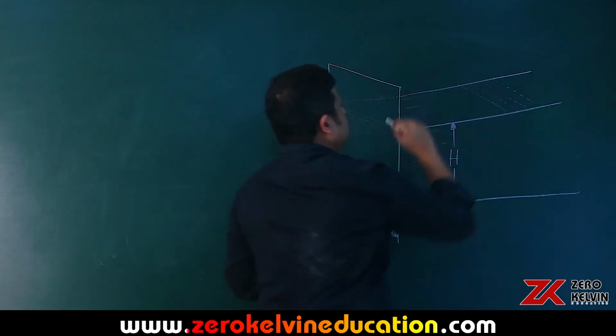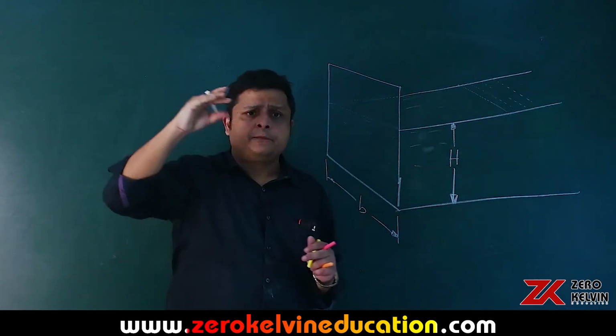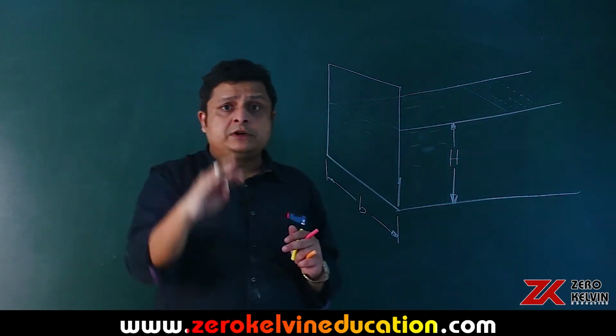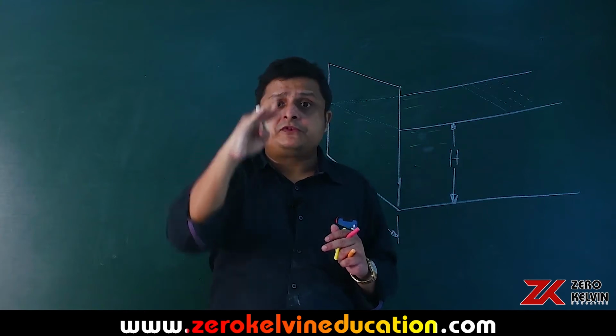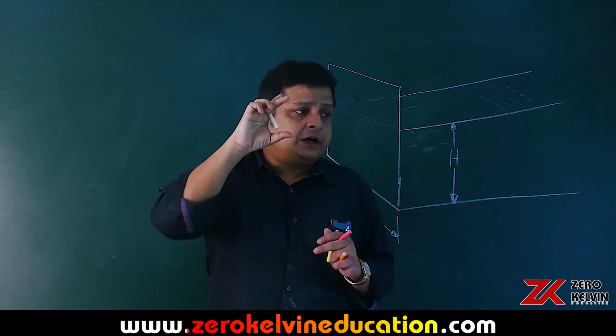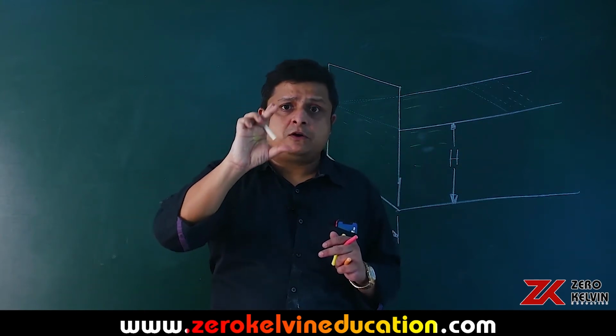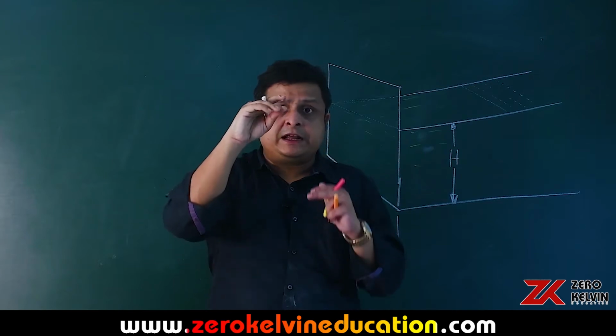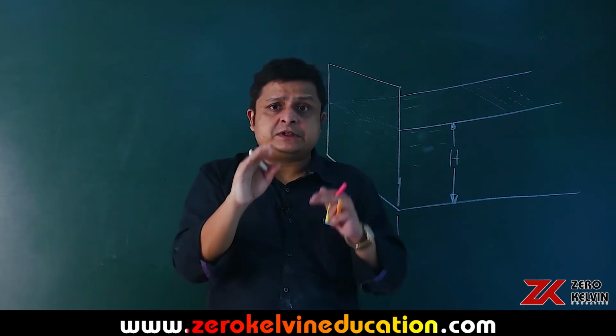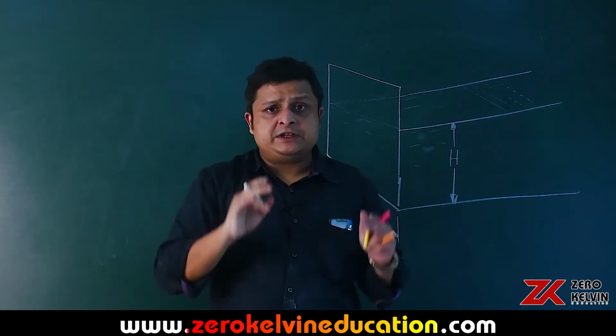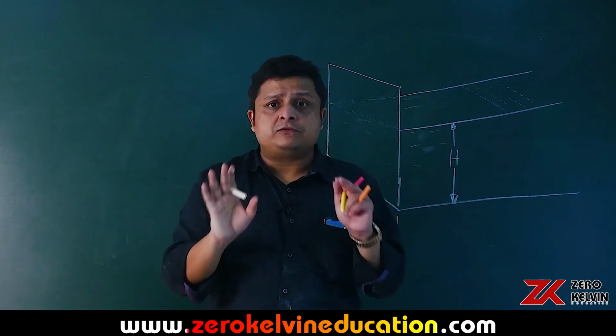This is the free surface of the liquid, and pressure varies due to depth taken from the free surface of the liquid. So if the depth is H or Y, then pressure at a depth Y from the free surface is Y rho times g, if rho is density of the liquid.